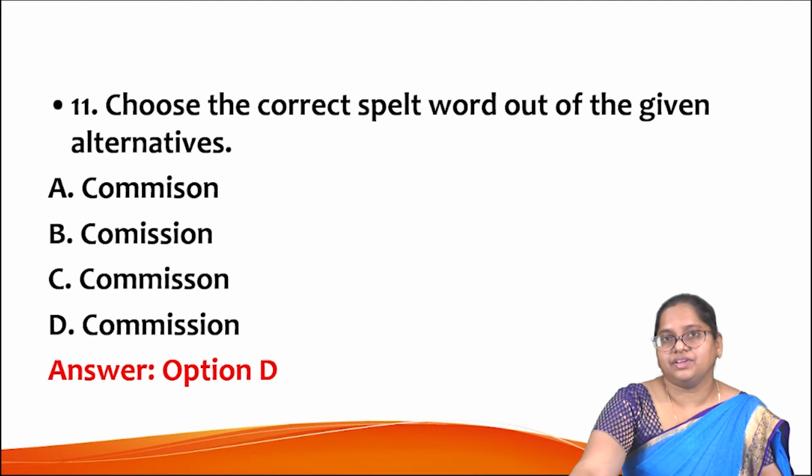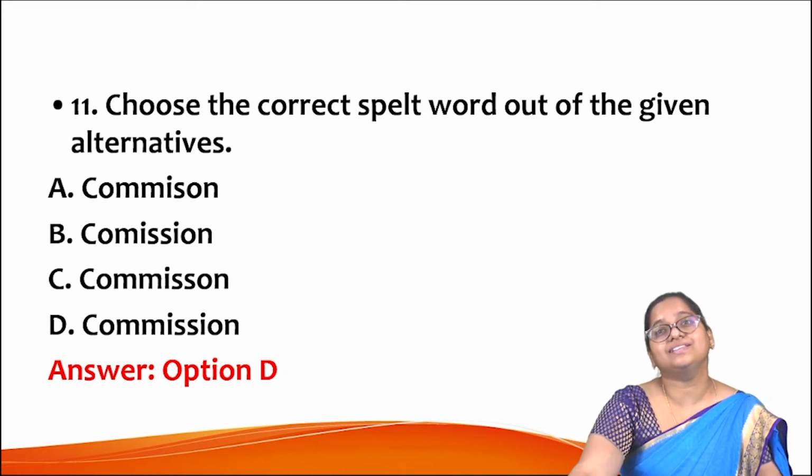Next, 11. Choose the correct spelled word out of the given alternatives. Given options for you, A, B, C, D. Commission. So how do you pronounce? How do you use the words? A, commission, one S is used here.